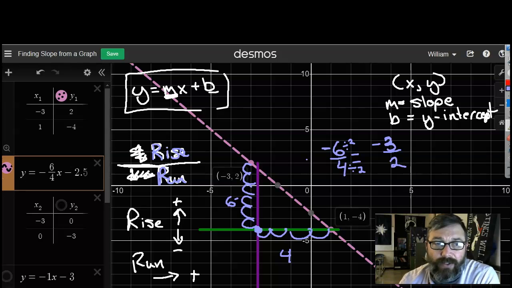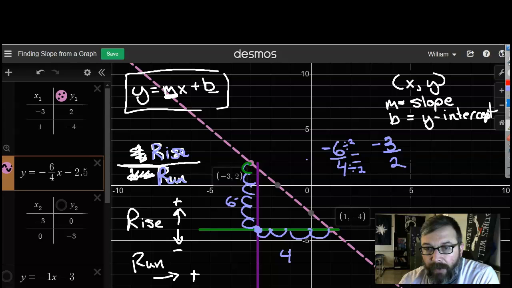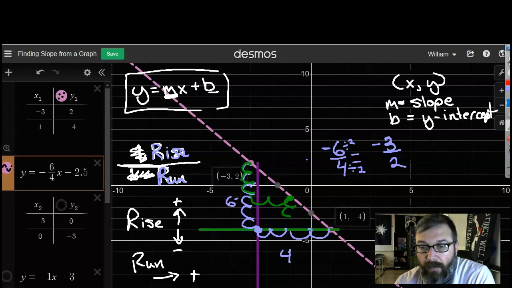And I can check this really simply. I'm going to use this ratio right here, and I'm going to go down 3, run 2, 1, 2. That looks like I'm pretty much on, but let's keep going and make sure I get to the right point. Down 3, 1, 2, 3, over 2, 1, 2.